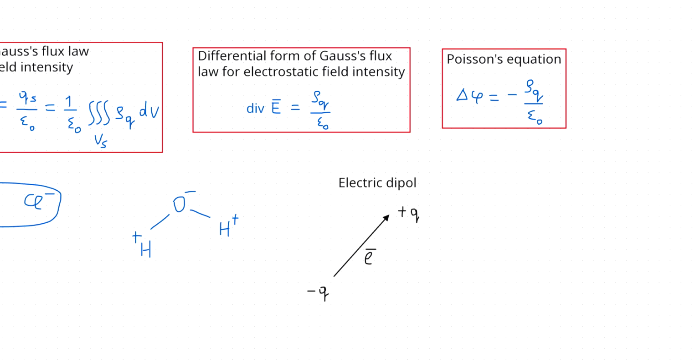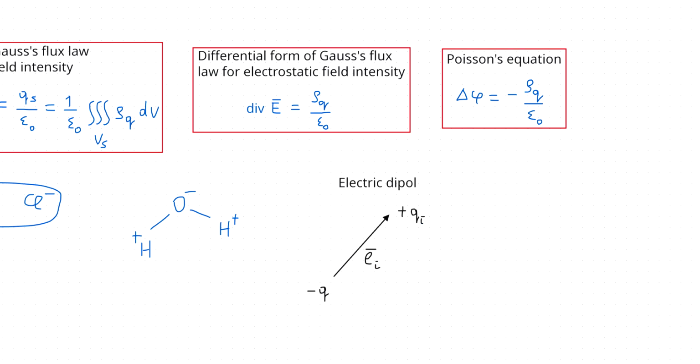So an electric dipole may be characterized by a dipole moment. Let's write lower index i here.